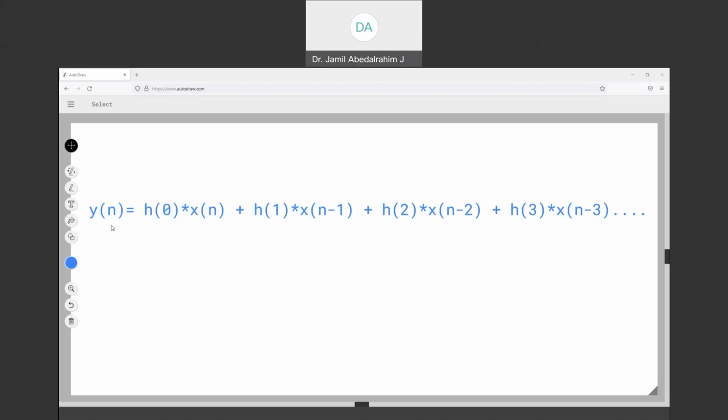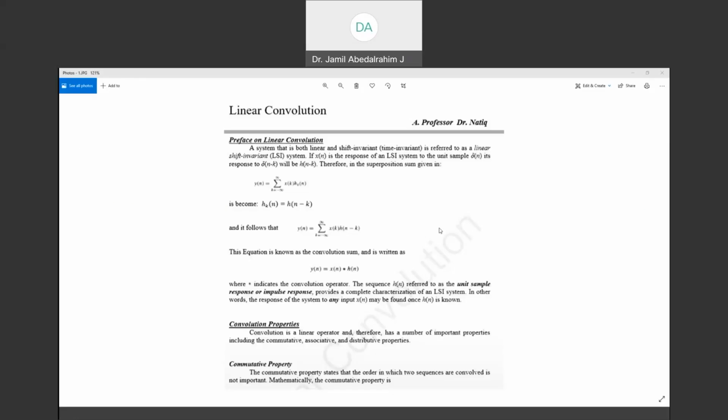We call it convolution, which I will explain in this lecture. So convolution is the process of finding the output y of n from x of n, the input, and the h of n, which is the system equation, or let's say the device signal, or the unit impulse response, as we called it in the last lecture.